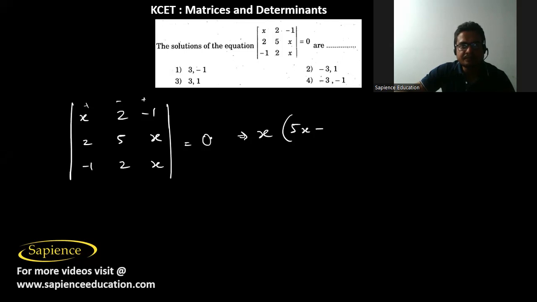minus 2x, minus 2 into 2x minus 2x, minus of minus x, so that is plus x, then minus 1 into 4 minus of minus 5, that is plus 5, will be equal to 0.